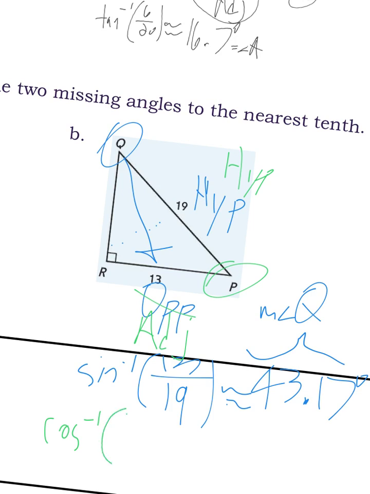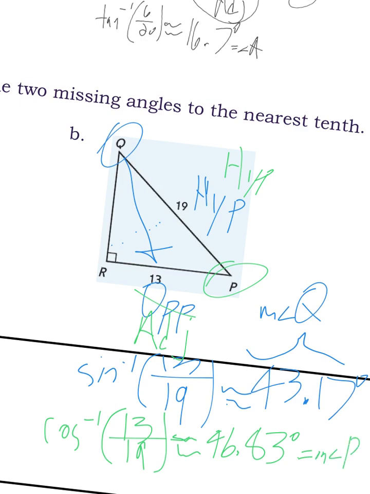So now inverse cosine of A over H is 13 over 19, and that is about 46.83. Again, you could just type this straight into the calculator. As long as it's in degree mode, you'll get the right answer. That's Doc 7 too if you're using the TI Inspire. And that's the measure of angle P.